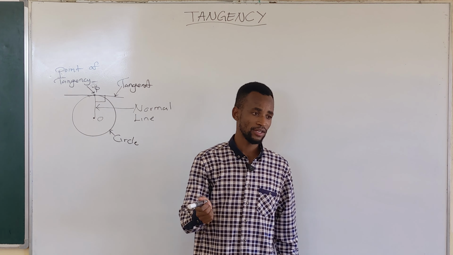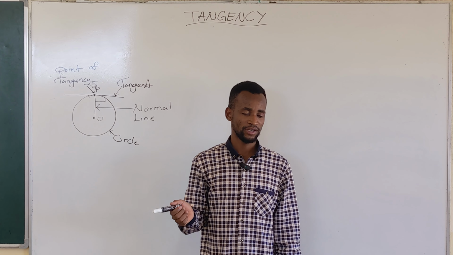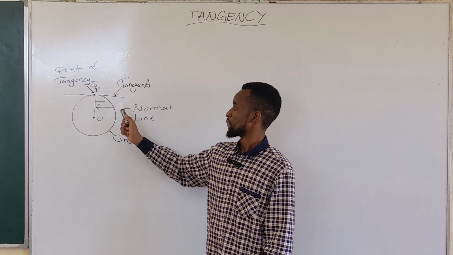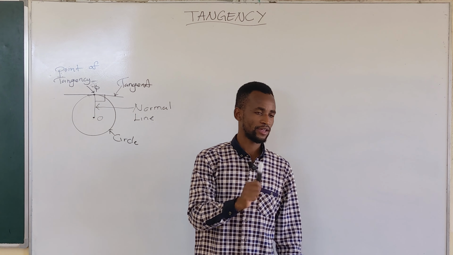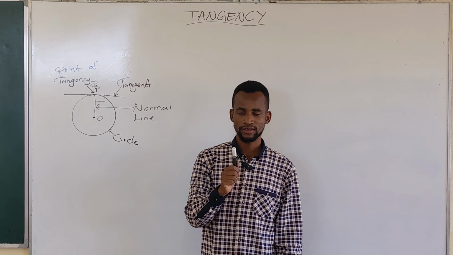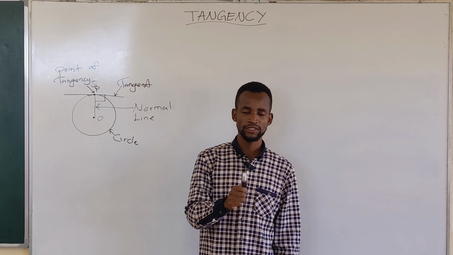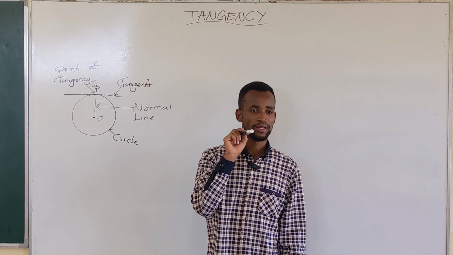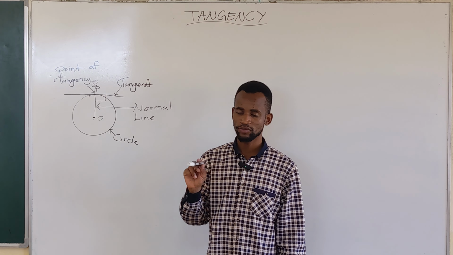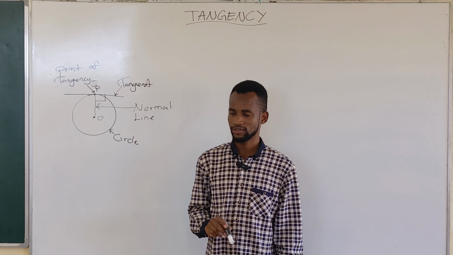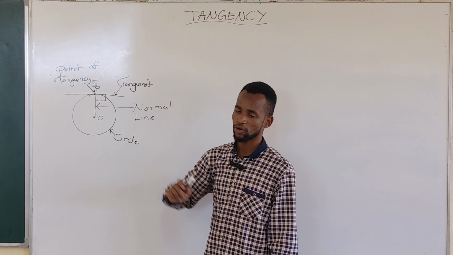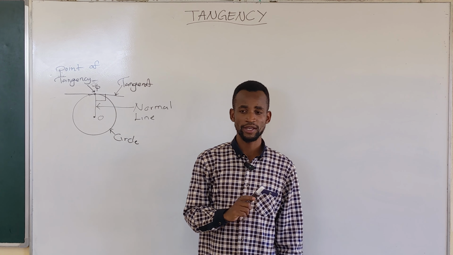So it can be a straight line or any straight edge, it doesn't matter. And the point where the tangent touches the circumference of the circle is called the point of tangency, which is this point, the point that we're calling point P, right? It's the point of tangency.